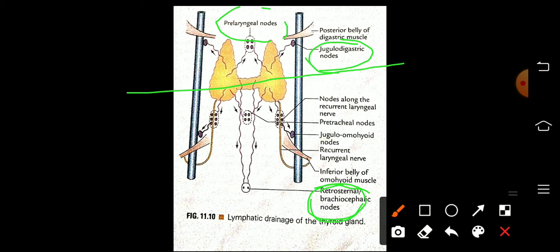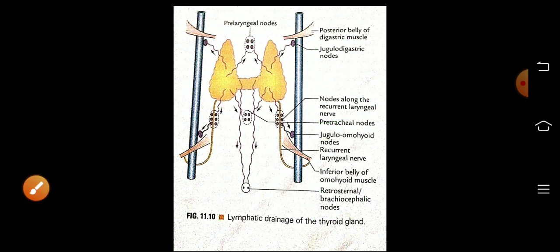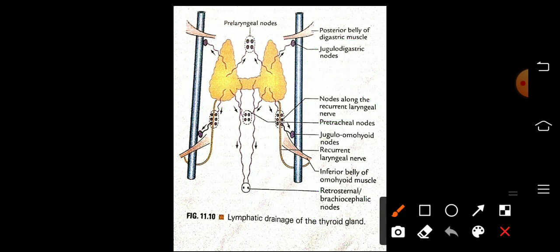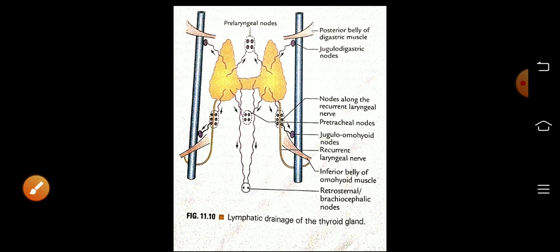And there is a group of lymph nodes surrounding the recurrent laryngeal nerve. These are called the nodes along the recurrent laryngeal nerve. So they collect the lymph from the base of the lobe. So this is about the lymphatic drainage. When you study with this picture, it is very simple.